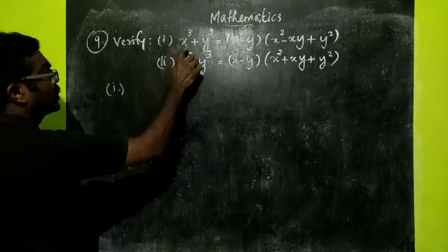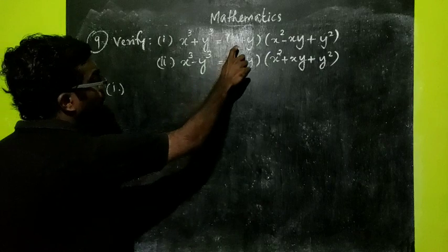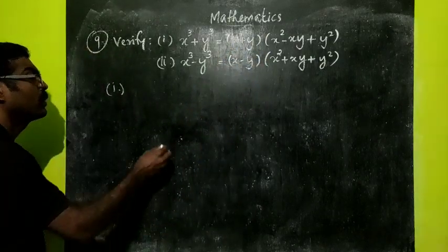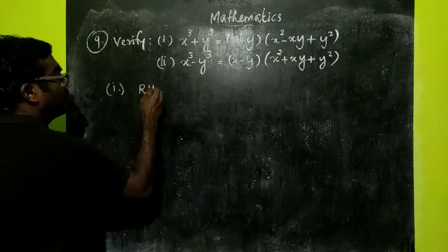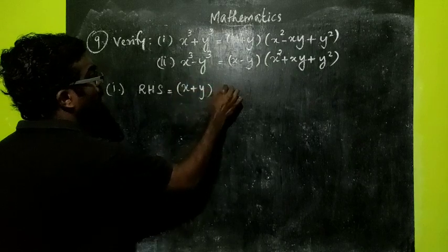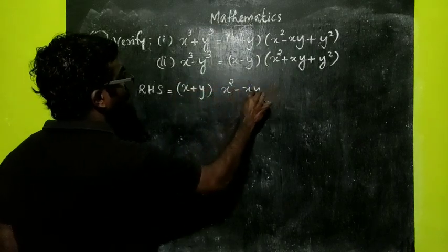First one, x cube plus y cube, which is equal to x plus y into x square minus xy plus y square. Let us take the RHS part, right hand side: x plus y into x square minus xy plus y square.